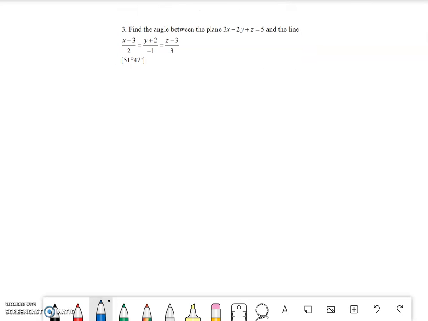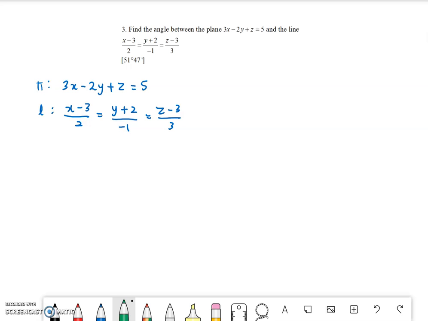Now let us proceed with an example of how to find the angle between the plane and the line. So we write our plane, the equation of the plane is 3x minus 2y plus z equals 5. And our line is given as x minus 3 divided by 2 equals y plus 2 equals z minus 3 over 3.